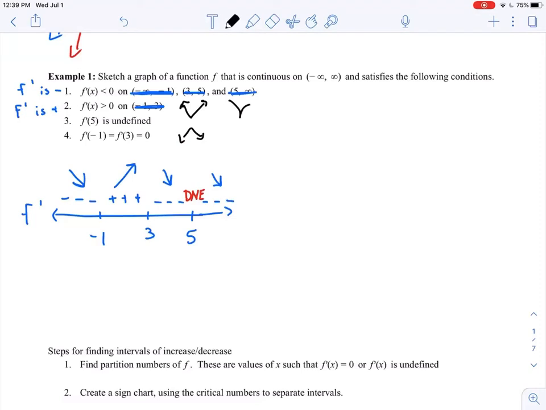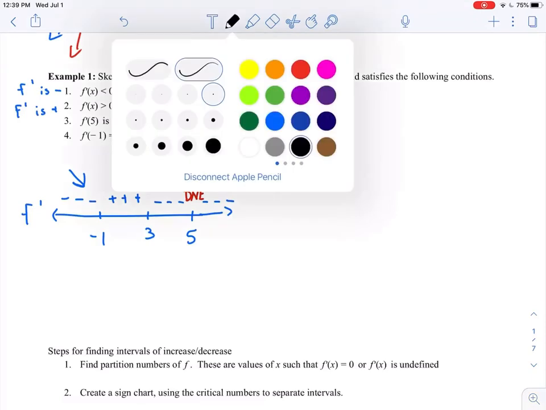I could have a cusp. I could have a discontinuity of some kind, or I could have a vertical tangent. Could be any one of those. So let's hold off on those until later on. We're done with that third condition.